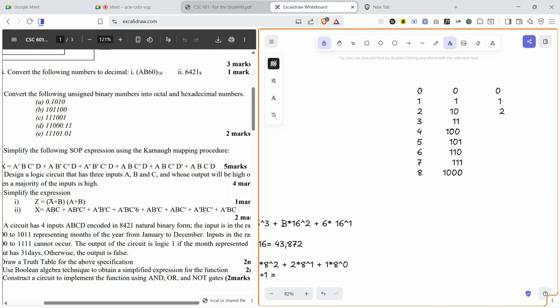Then 9 is 1 0 0 1. 10 is 1 0 1 0. And this is where we now start A. 11 is 1 0 1 1, which is B.